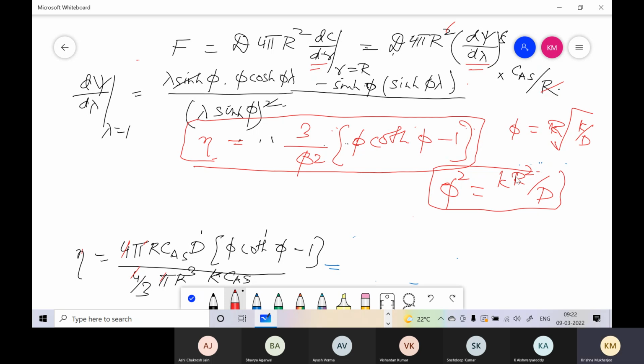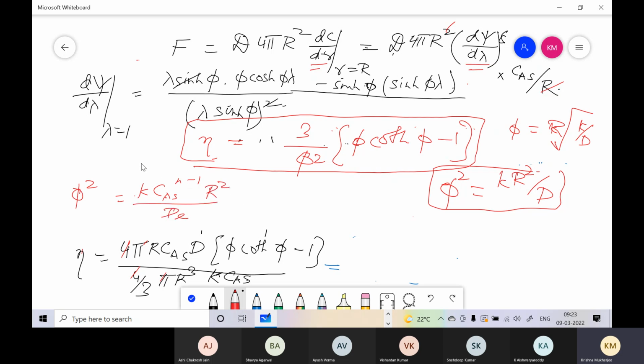All of you following this? So this is the last class. I had derived the value of phi, right? Okay with this so far, or is there some problem? Shall I halt here? Because remember, phi square was what? K CAS to the n minus 1 R square by D, right?